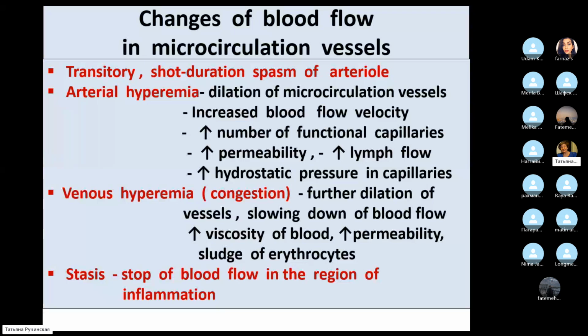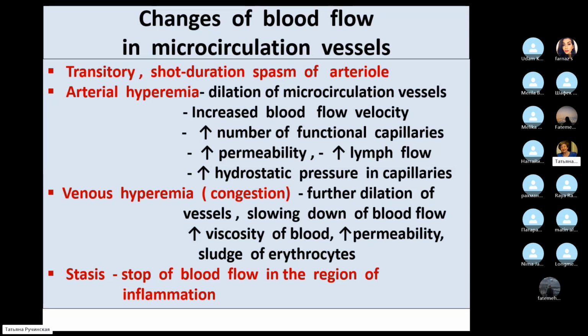If there is injury, at first you will see a short duration spasm of arterioles, and that is why, if it is in skin, you will see a white line or white region. This white region very quickly, in seconds, turns into redness, and there appears arterial hyperemia.